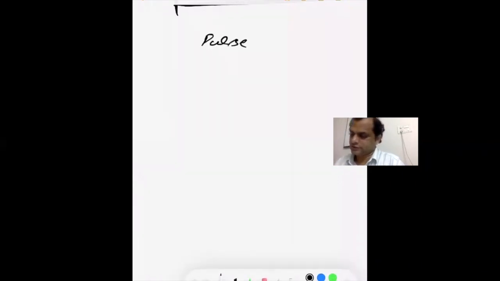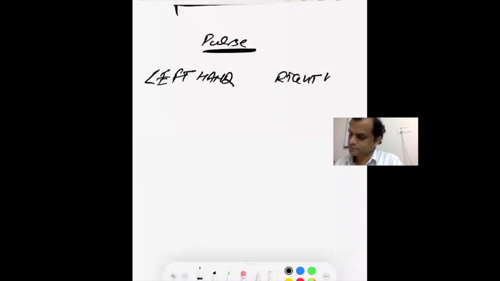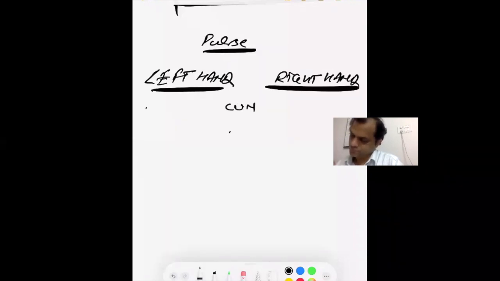पल्स. लेफ्ट हैंड, राइट हैंड, थ्री पोजीशन चुन, गुआन and chi.